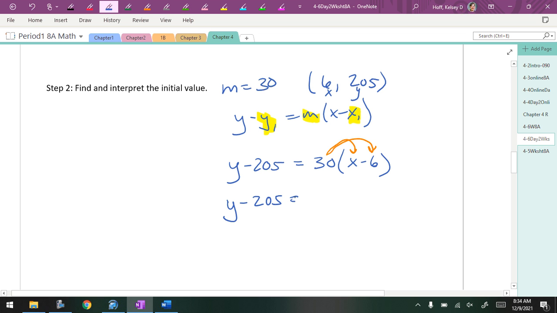You are multiplying. Y minus 205 equals 30x, negative 180. Very good. Now I add my 205 to the other side. Don't say it out loud. Let everybody have a second to think here.